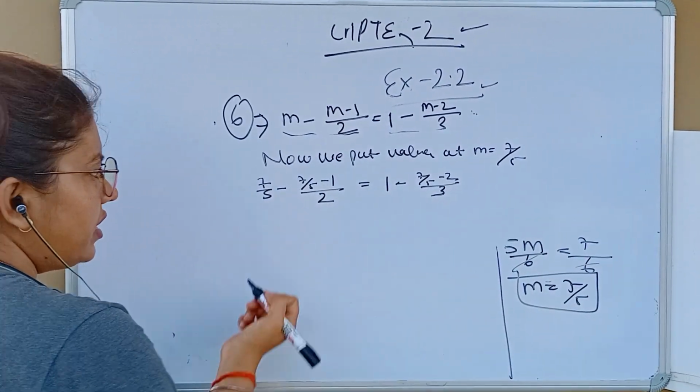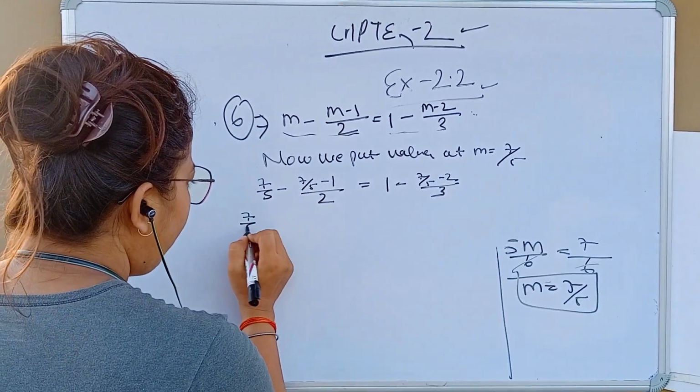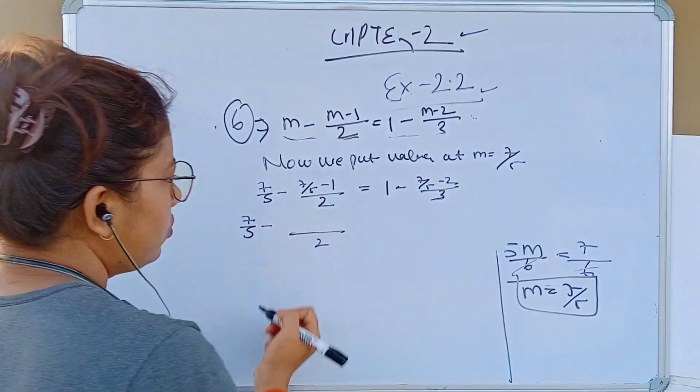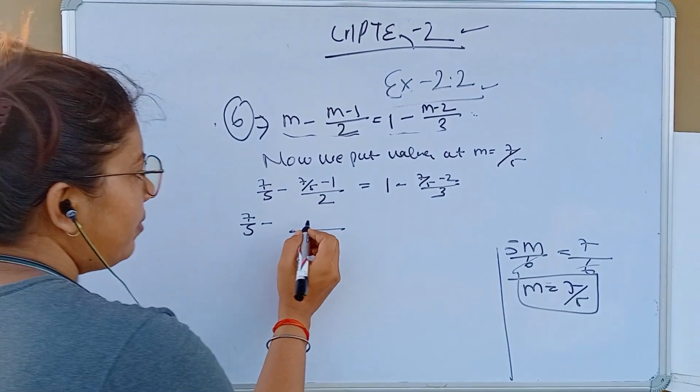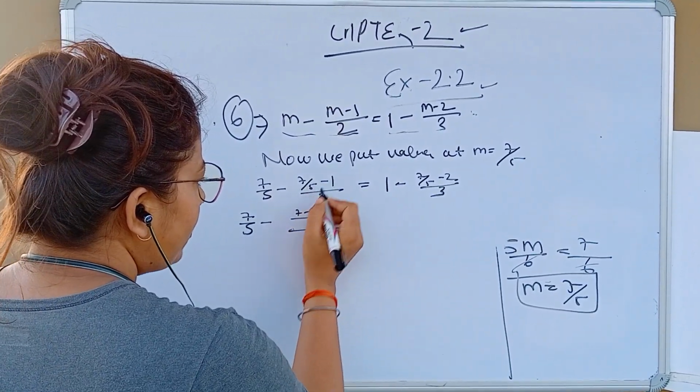So first take 5 multiplied here, so 7 by 5 minus 1, LCM is 5, so 7 minus 5 on 5.